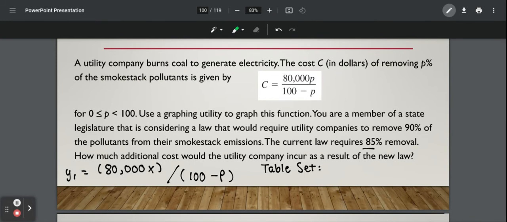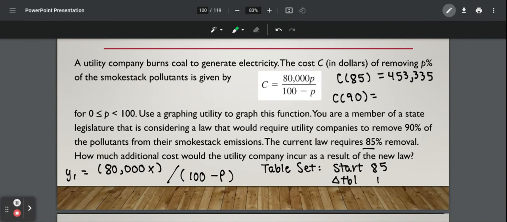So in your table set, have your table start at 85 and have your change in table be 1. Then go to your table, and we know that the cost when we have 85% removed is $453,333. If we want to compare that to the cost at 90, scroll down on your table, and the cost to have 90% removed would be $720 million.